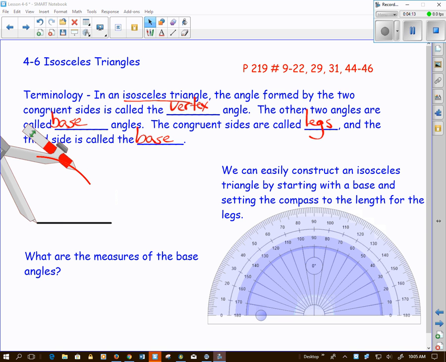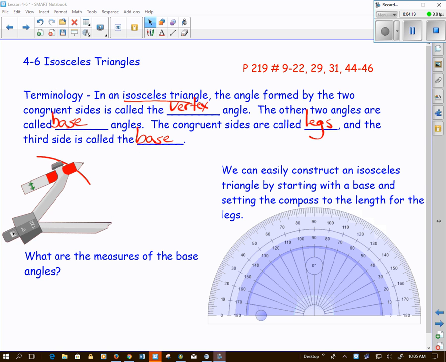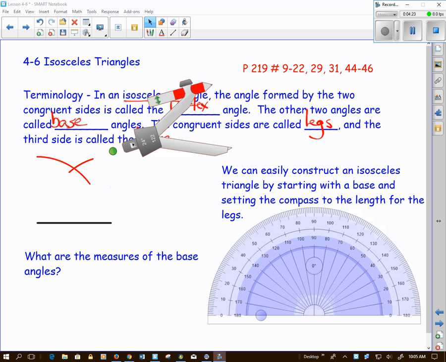If we make an arc above the segment, and then go to the other endpoint and make another arc that crosses that one, then we're going to have two segments that are congruent, because the points at the ends of the base are the same distance from that point.